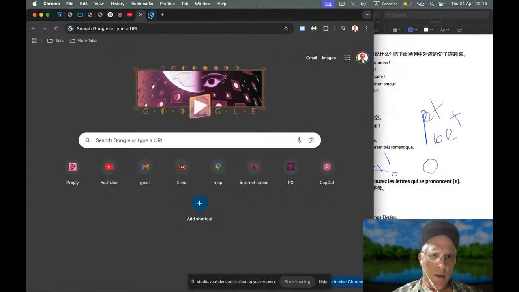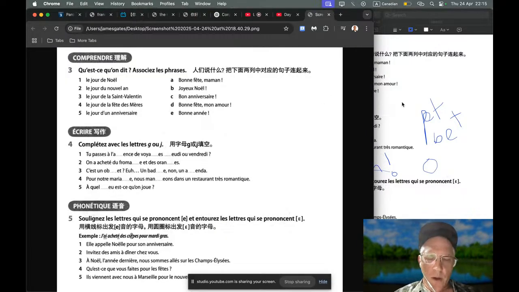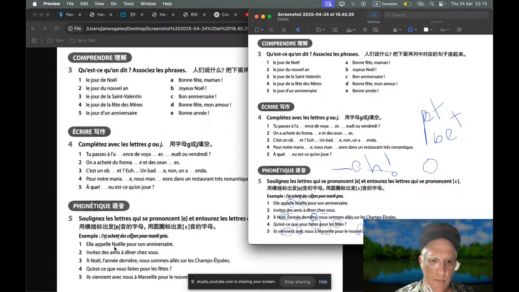Okay, now what do we got in here? This is the one that we were just looking at. So I just did this bottom exercise. You can see over here, this is where I was actually doing it. Okay, we got elle, appelle, a circle is bet, pet, met, je m'appelle, Noël, pour son anniversaire.